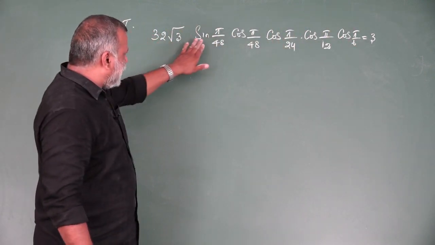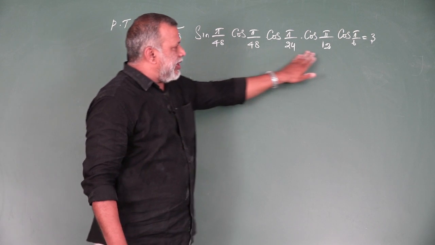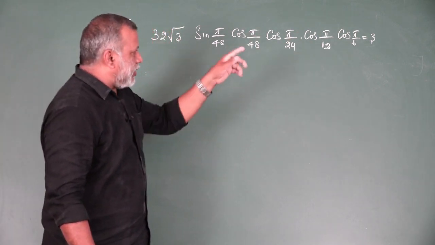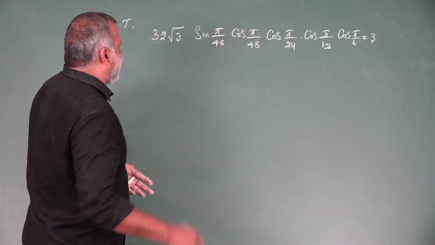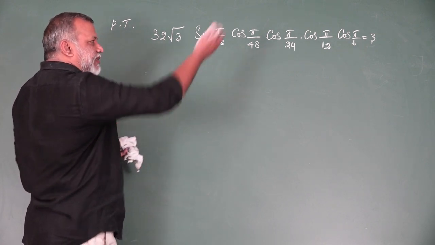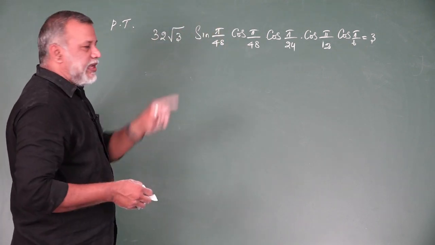See the question: only one sine relation, the remaining are cos relations. Now we are going to take the LHS value. If you simplify the LHS value, you get the RHS value 3.